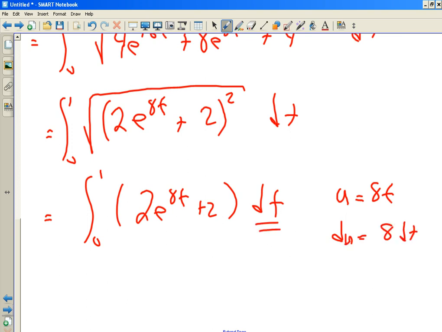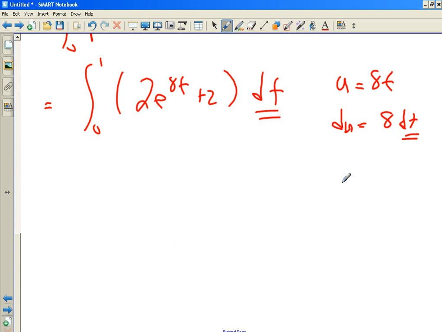So if I replace dt, what am I going to replace it with? dt is going to be du over 8, right? All right, so this is 1 over 8 e to the u du. How do you integrate e to the u du?